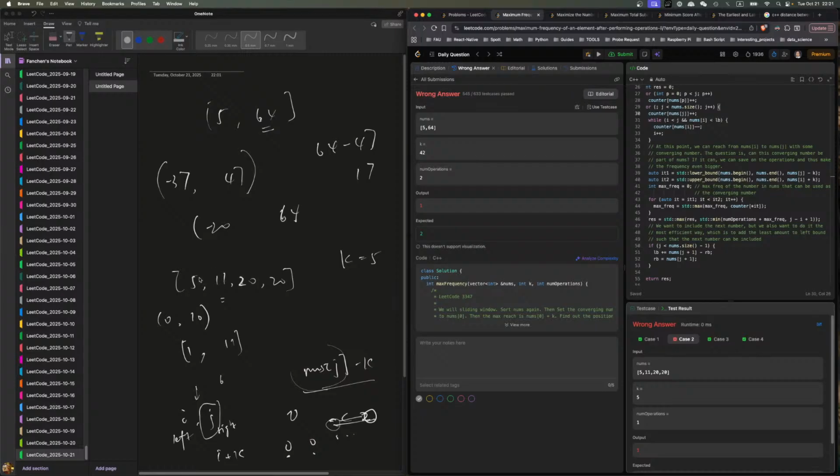And then 5 plus 5 is 10, so it2 upper bound, and then we point into this as well. So max frequency is 0. Number of operations is 1, but plus nothing.